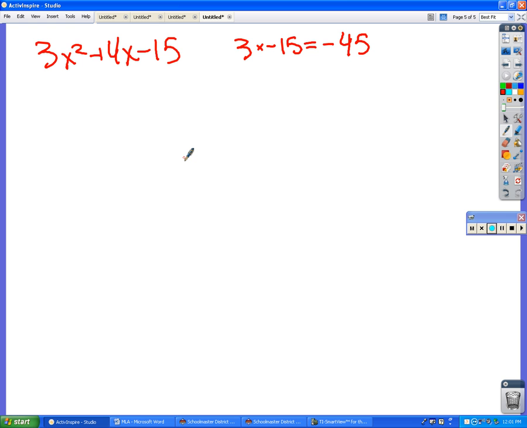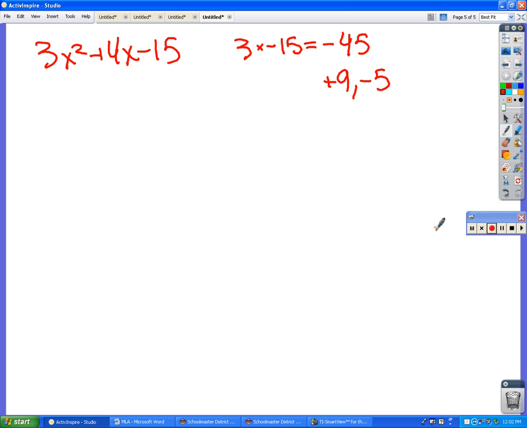Same thing we were doing yesterday. Can anybody think of 2 numbers that multiply together to be negative 45 and add to be positive 4? Positive 9 and negative 5, right? Those 2 numbers multiply together to be negative 45 and add to be positive 4.